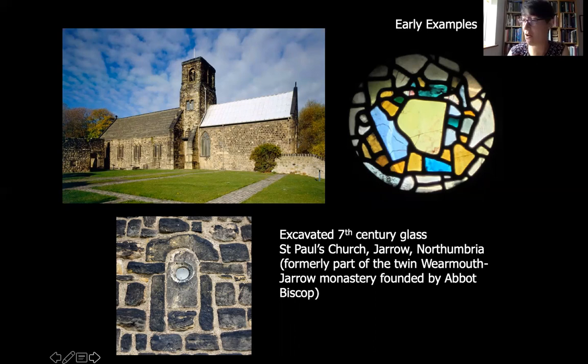And you can see there's a variety of colours there. And examples of Anglo-Saxon glass have been discovered at various sites across England. So it's quite clear that during this period, stained glass started to be embraced during the Christianisation of Anglo-Saxon England.